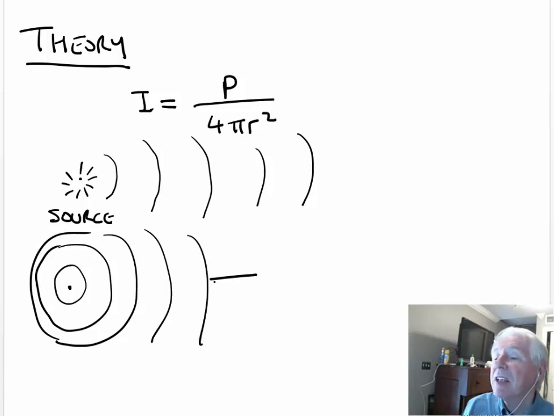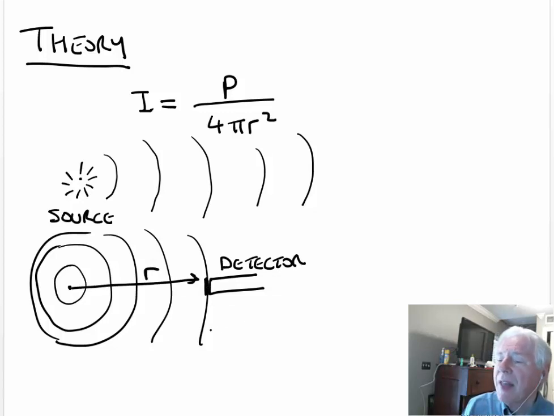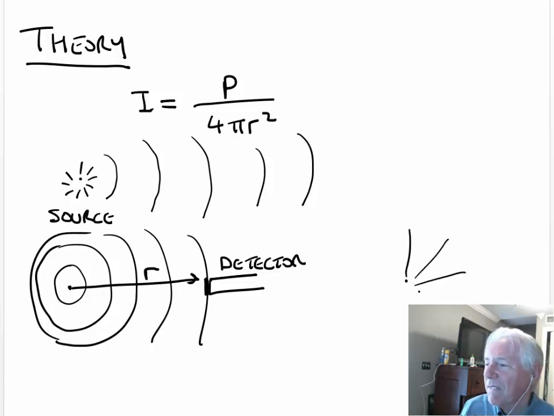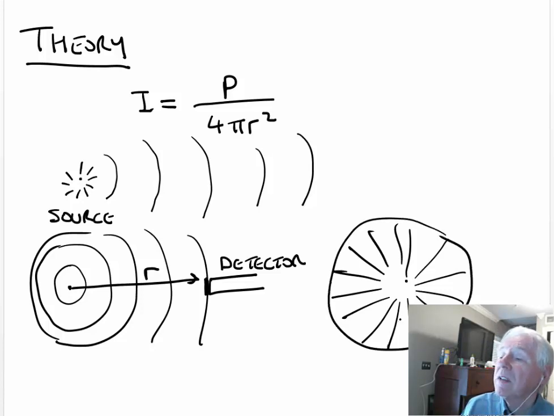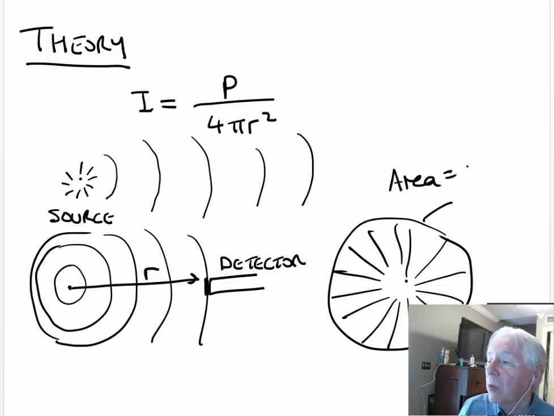If our detector is at a certain distance, then that light energy has spread out over a sphere that has an area equal to 4 pi r squared.